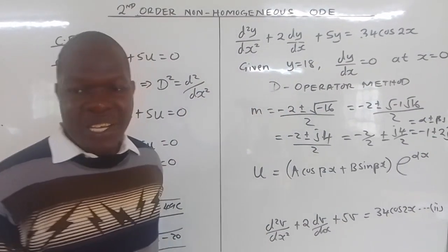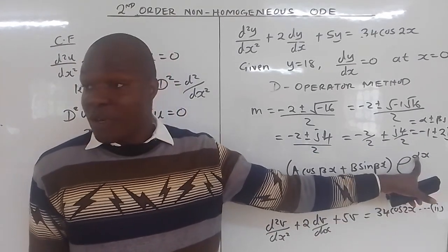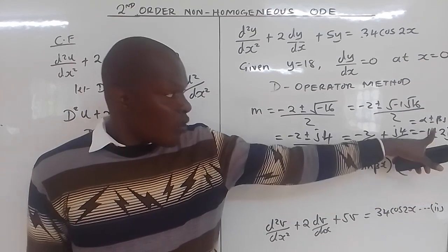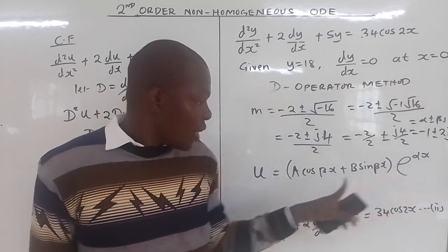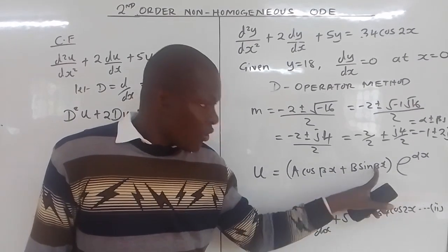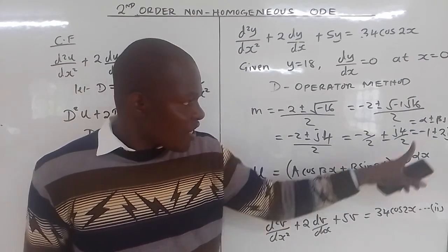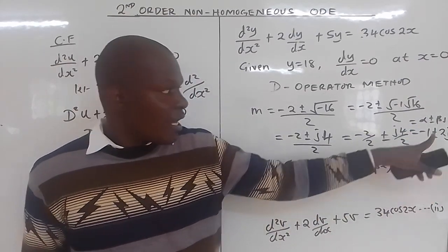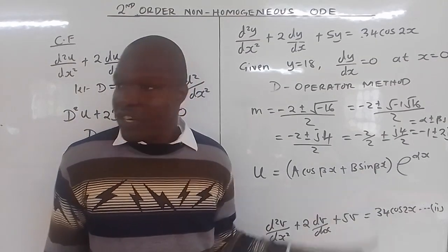So alpha, the real part, negative 1, goes to the exponential function. Then your beta, the component of the imaginary part, 2, will come to the trigonometric function. Are we together? So our alpha is negative 1, the real part, and our beta is 2, the imaginary part, which goes to the trigonometric function.